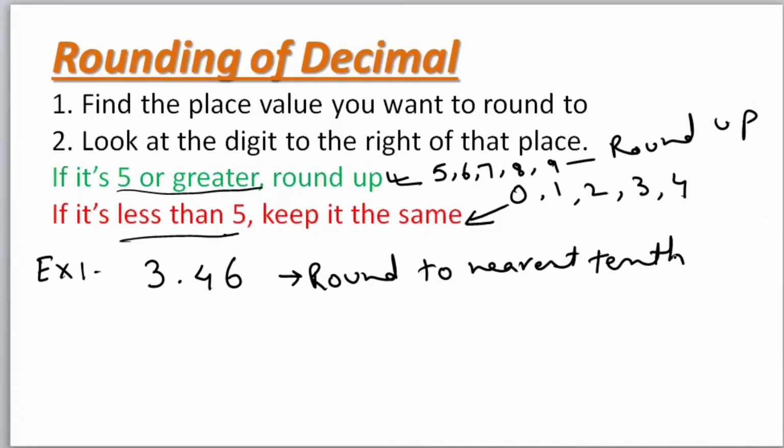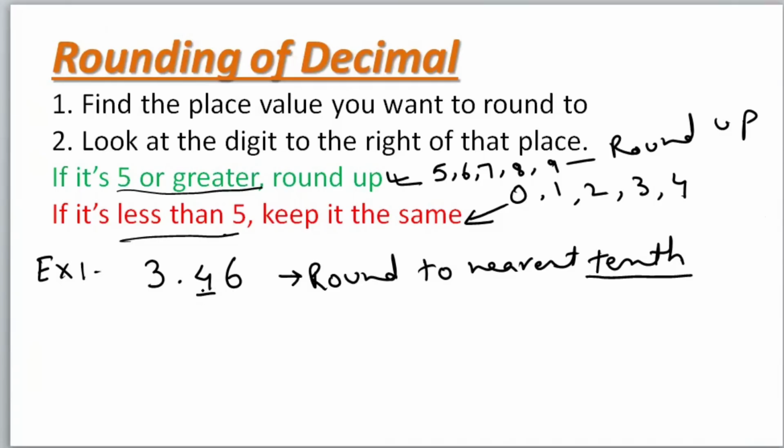Okay, so which place value is it telling us to round to? Nearest tenth. So where is the tenth place? This one is the tenth, because after the decimal point, the place value that comes first is tenth. So it says that we have to round this digit, the nearest tenth place.